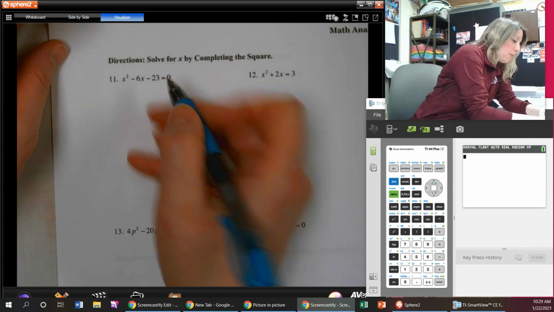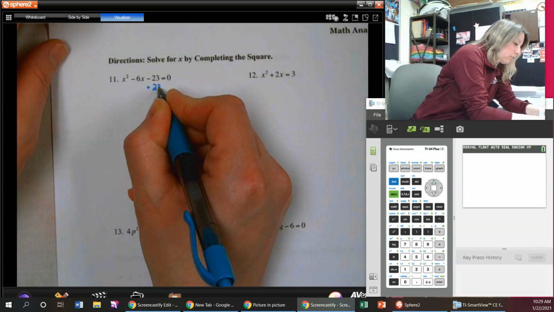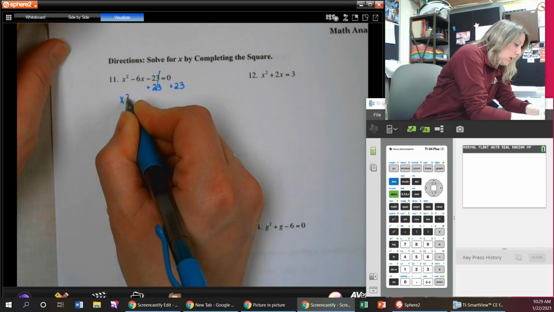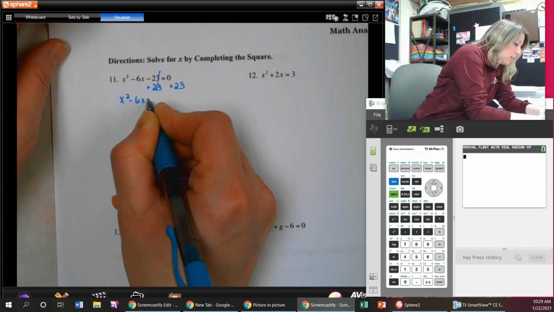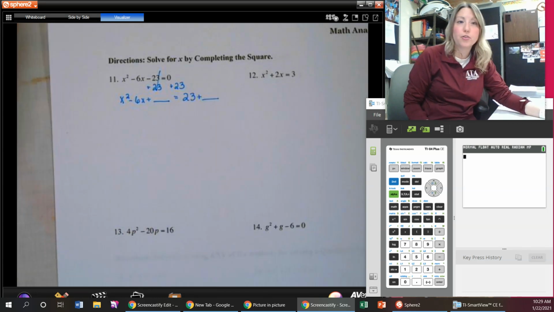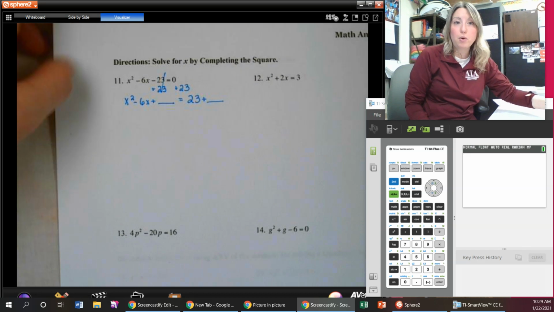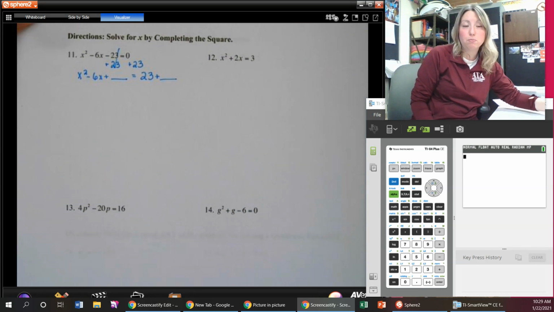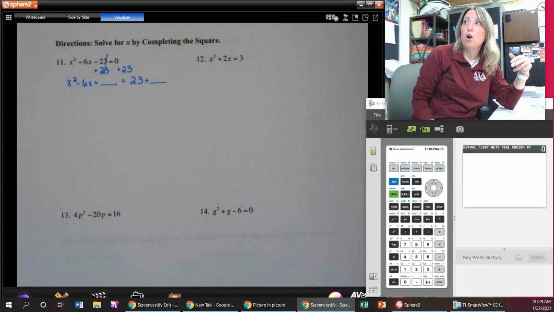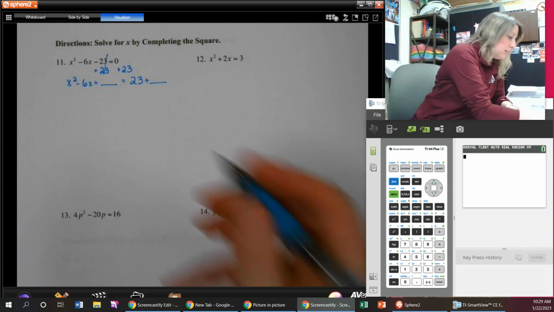The first thing I want to do is add 23 to both sides of the equal sign. I leave a plus blank where the number used to be, and I insert a plus blank on the other side of the equal sign. This is where I use that finding the C term process we just did to fill in the blanks. So 6 divided by 2 is 3, and 3 squared is 9, that goes on the blanks.